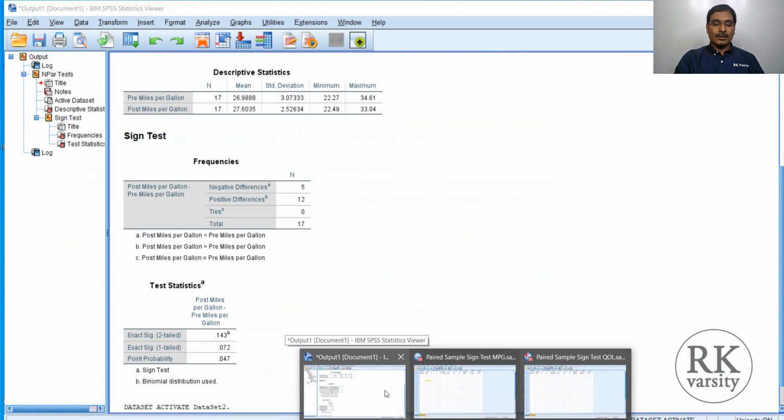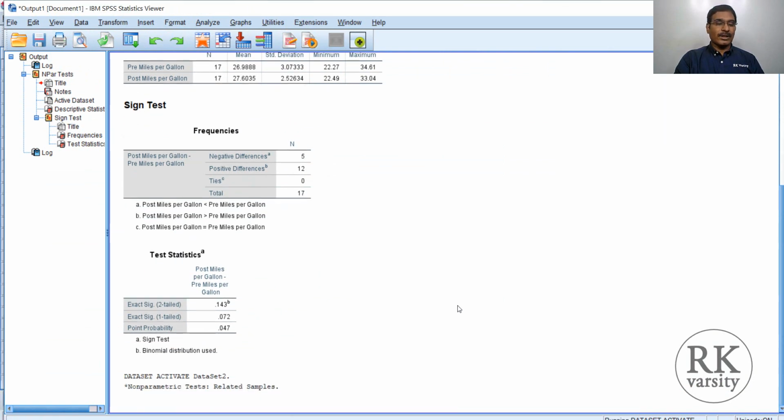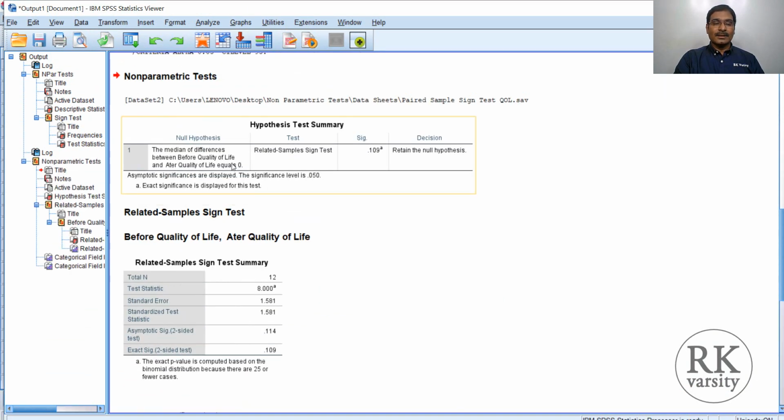Now the output is in the output document here. The beauty is that SPSS gives you the hypothesis test summary. You can see here the null hypothesis that the median difference between before quality of life and after quality of life equals 0. That means there is no difference. The test performed is a related samples sign test, and the significance value is 0.10, which is much higher than 0.05. So retain the null hypothesis.